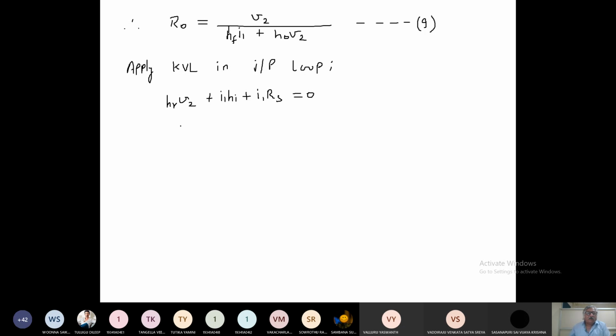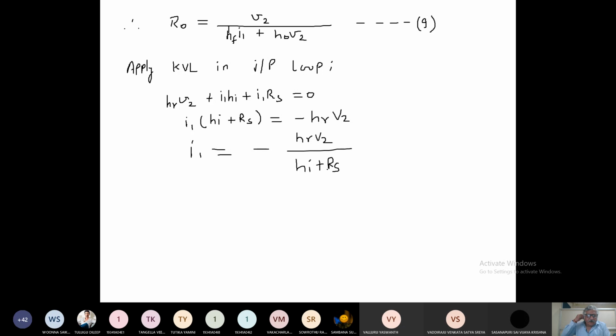We find the expression in terms of I1. So I1 times HI plus RS is equal to minus HR V2, and I1 is equal to minus HR V2 by HI plus RS.